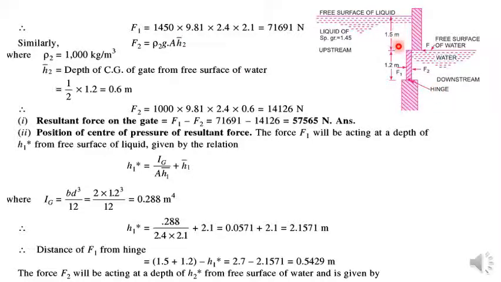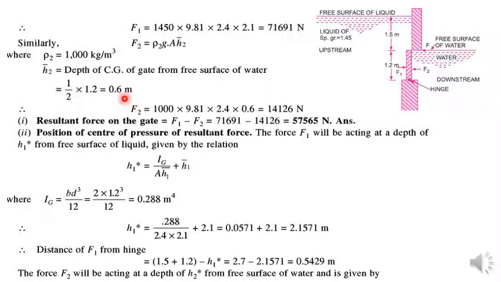This extra head is not going to be considered because it was from the upstream side. Now on the downstream side the water level is starting from the top of the sluice gate. So just half of the dimension of the sluice gate is going to be considered over here, and it will be 1.2, the total height of the gate, divided by 2.